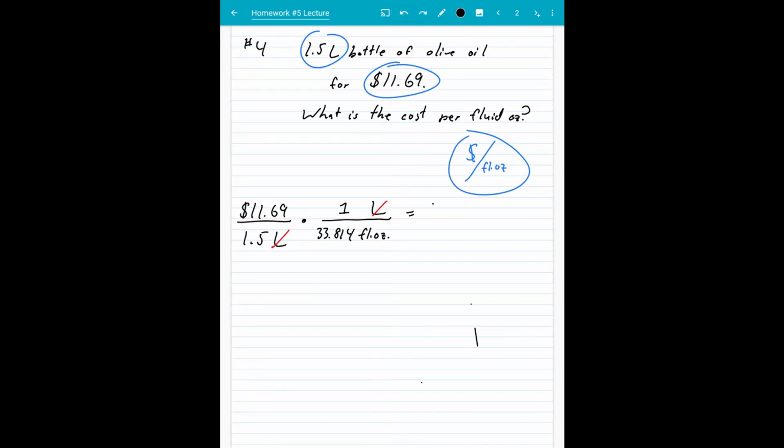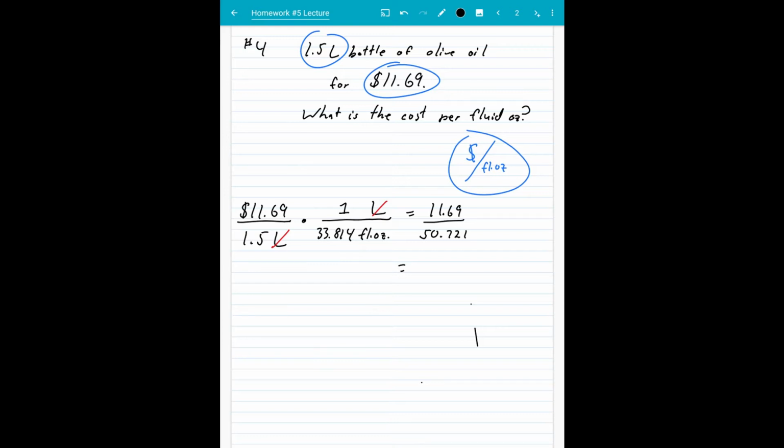I'll just put the number $11.69 and then the 1.5 times 33.814. That will give you 50.721. We can go ahead and divide those two numbers, 11.69 divided by 50.721.